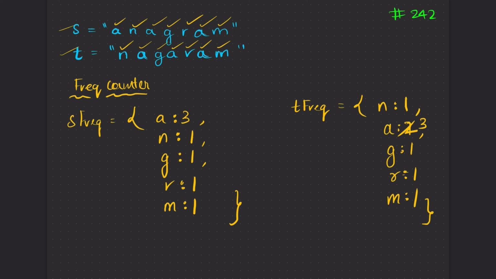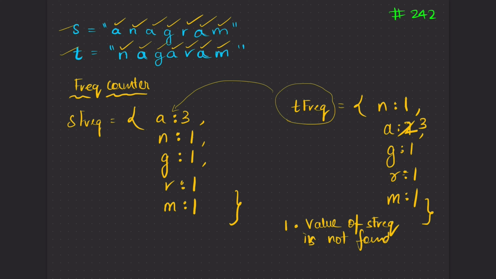The first way, if the value is not found in s frequency, or the value is found but it's not equal to the t frequency value.